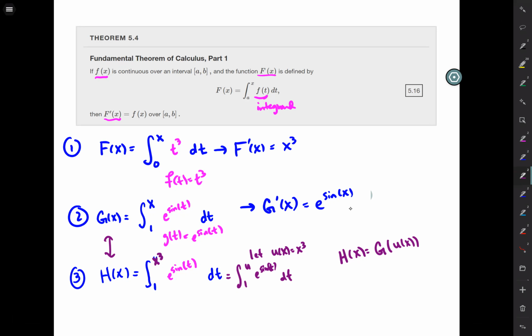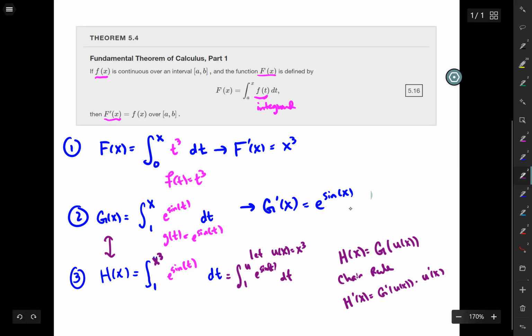If I plug in a u there, then I get this. Then I can use the chain rule. We remember what the chain rule says about derivatives: if I want to find h prime of x, that's just going to be g prime of u of x times u prime of x.